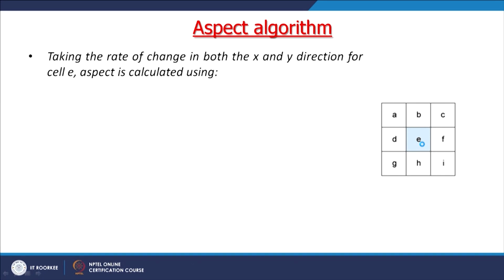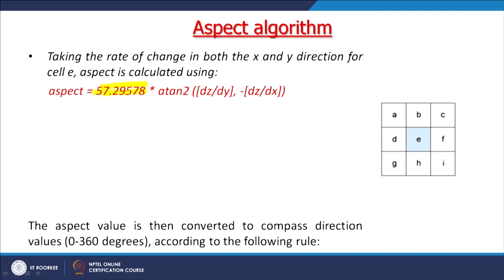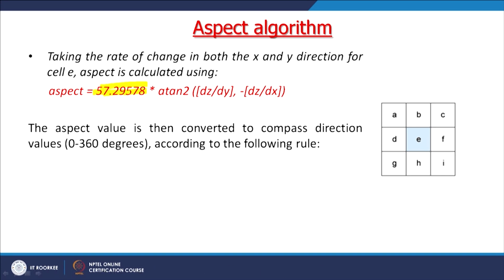Now, taking the rate of change in both x and y direction for the cell, that is the slope, for each cell the aspect is calculated using this. So, here also you are having a constant, A10, and that is dz by dy, and then minus dz by dx. The aspect value is then converted to compass direction values between 0 to 360 degrees according to the following rule, and that rule is, if aspect is less than 0, then it is of course flat.